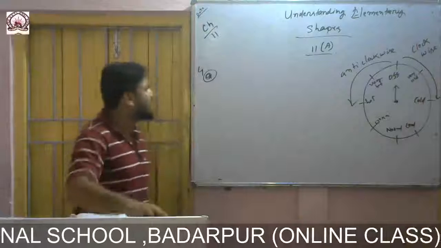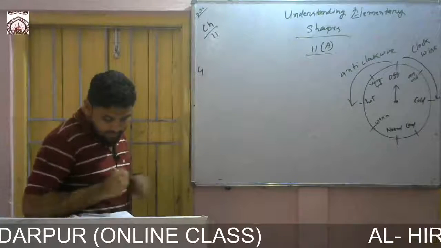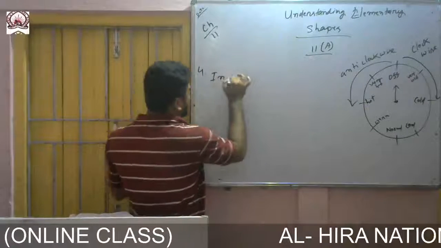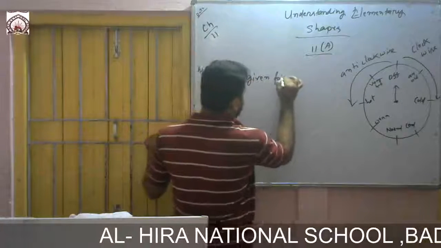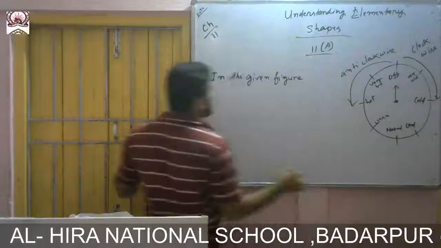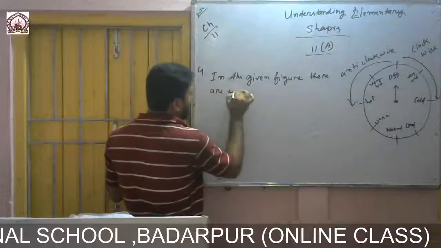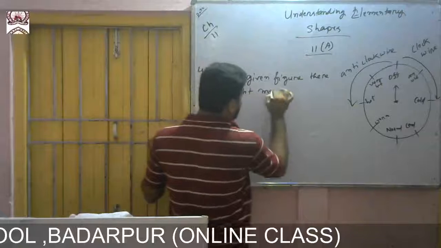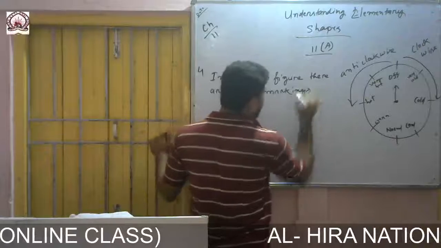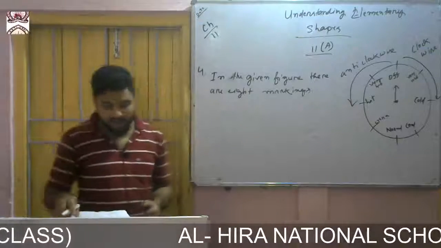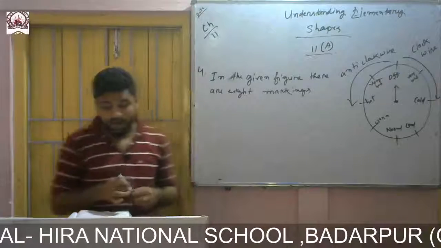So write this first: in the given figure, there are 8 markings.